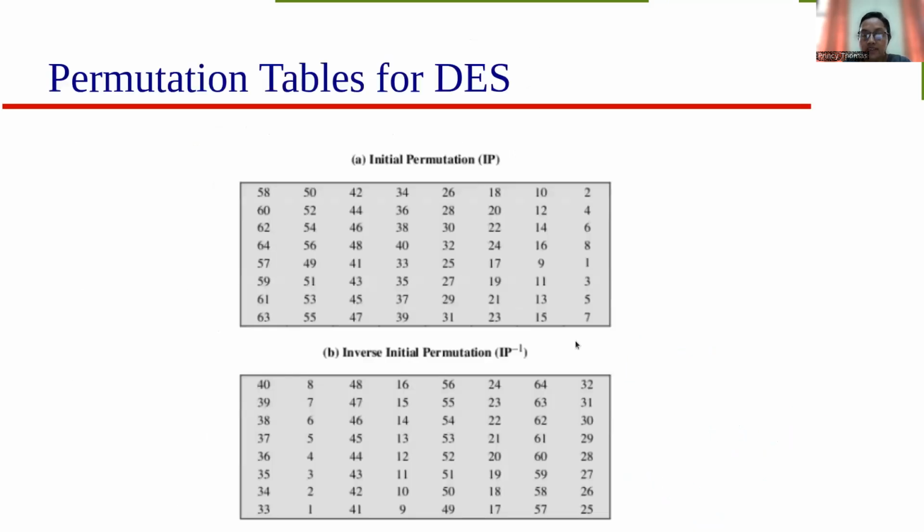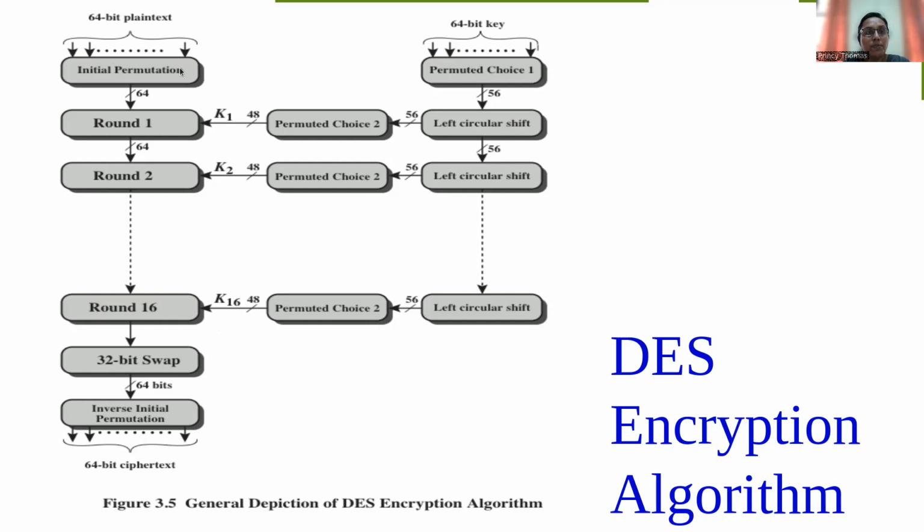First, as we saw over here, there is an initial permutation and an inverse initial permutation. Please remember this particular point: the initial permutation and the inverse of the initial permutation do not add to the security of the encryption. Instead, when this was being designed, it was being done in hardware, and they needed the data to be input to the hardware in one way or the other.